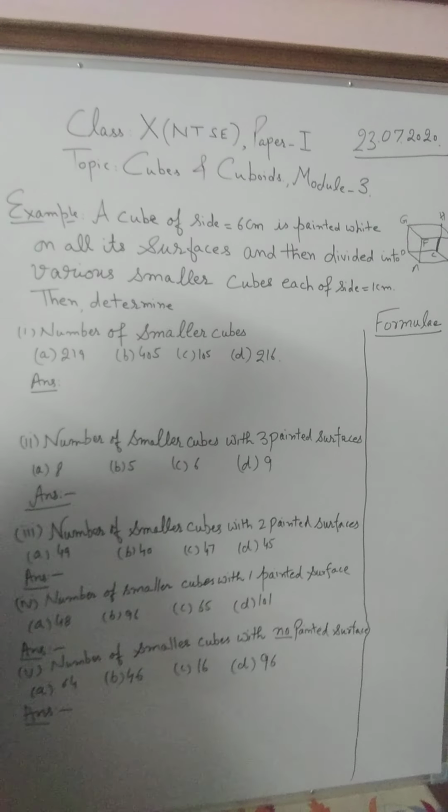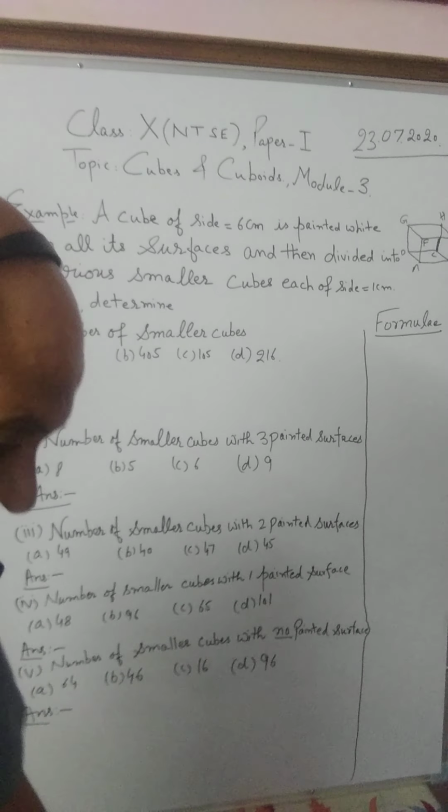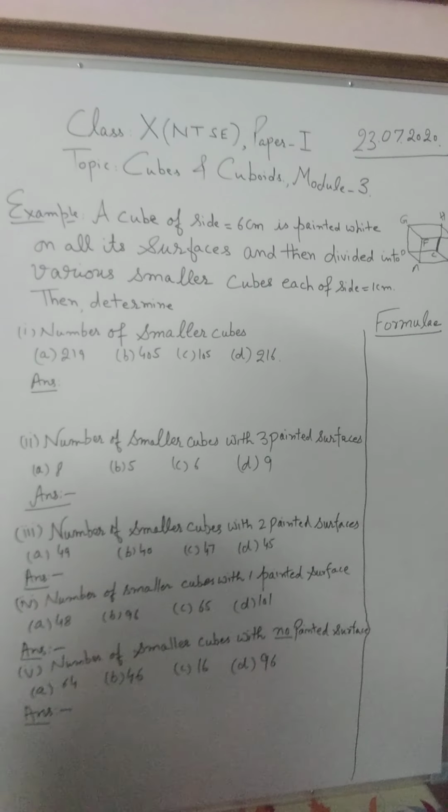Then next section is, if a cube is painted in all its outer surface with a color and further divided into smaller cubes, then different kinds of small cubes can be computed with the help of the following formulae. Number of smaller cubes with 2 painted surfaces is (capital N minus 2) multiply with 12.